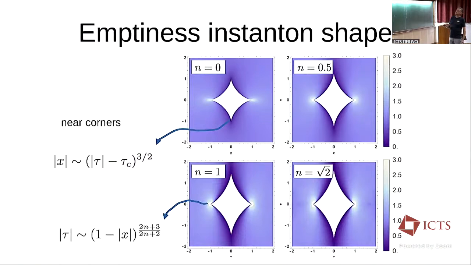For fermions, all the scalings are the same; there is a certain symmetry between time and space. For other values of the polytropic index, these two corners still have the same 2/3 or 3/2 scaling, while these corners are problem or interaction dependent.